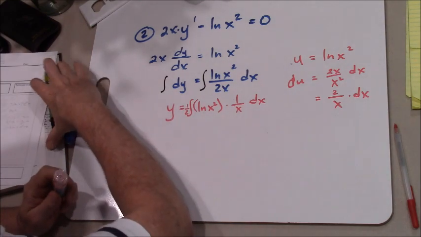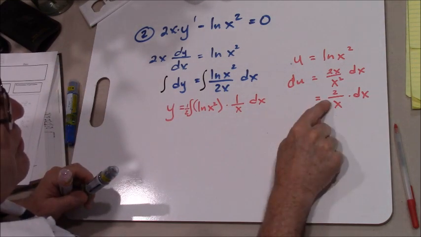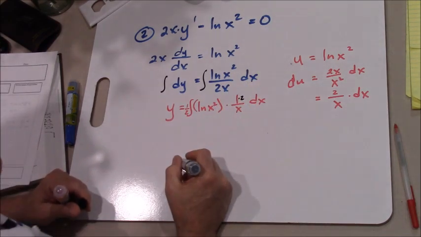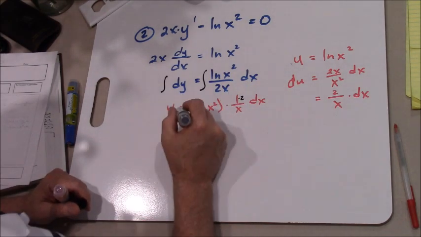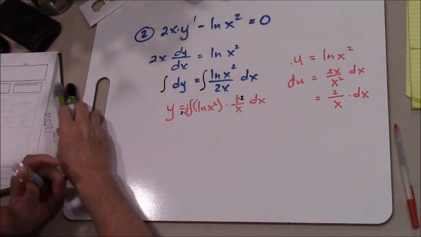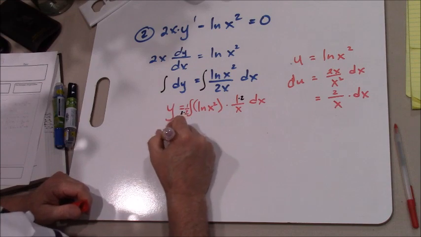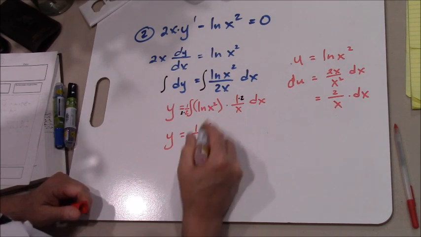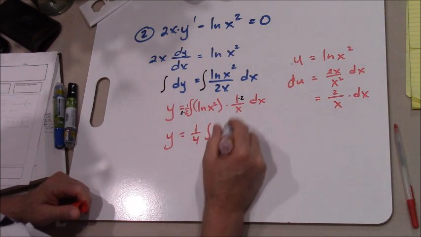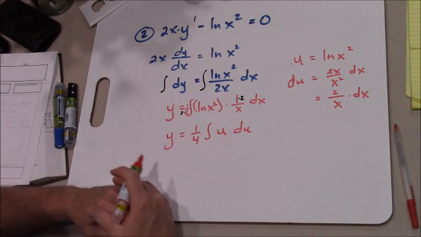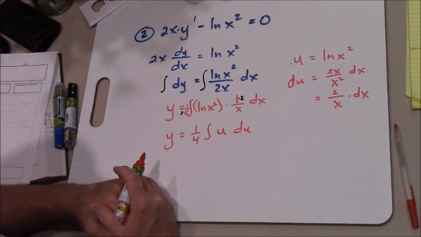Still don't quite have everything I need. What I need to see is 2 over x. So I'm going to multiply this by 2, which means I need to divide on the outside by 2. And so now this becomes y equals 1/4 the integral of u du. So just a good old-fashioned substitution problem.